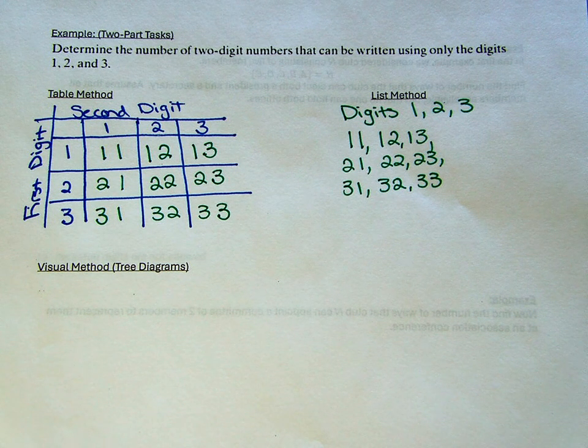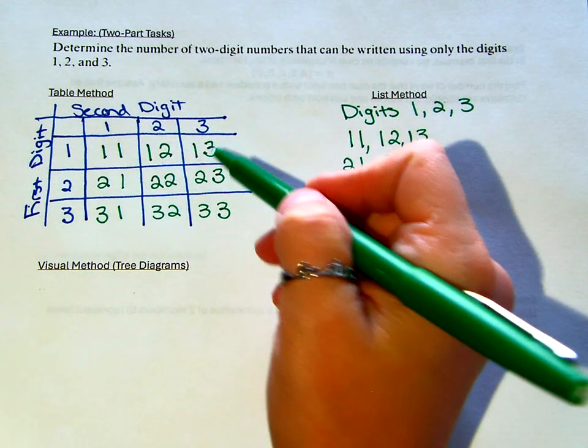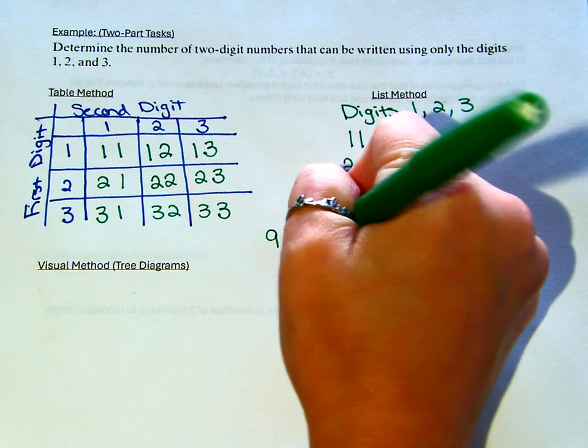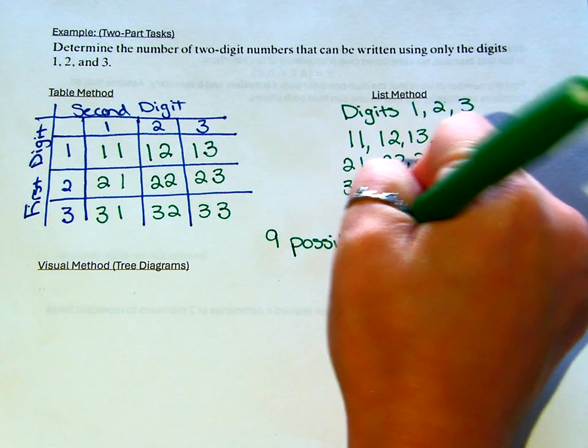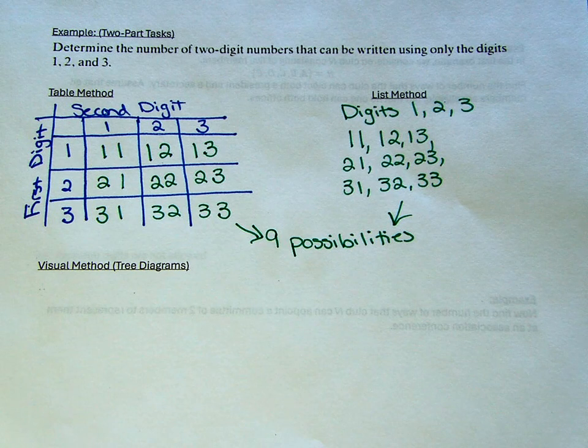But notice from either of these, we have 1, 2, 3, 4, 5, 6, 7, 8, 9. 9 different possibilities, or 9 different ways that we can make a 2-digit number using just the digits 1, 2, and 3. So it doesn't matter which method you use. It still works.